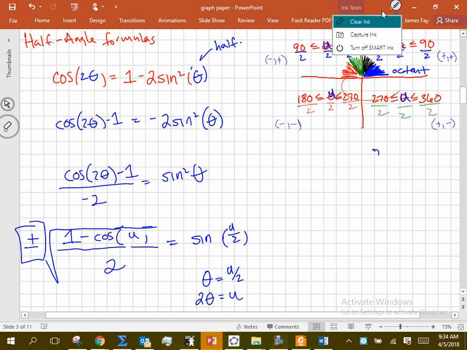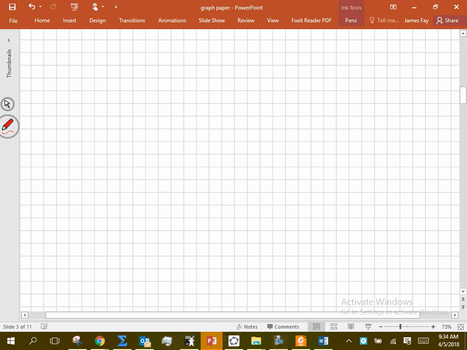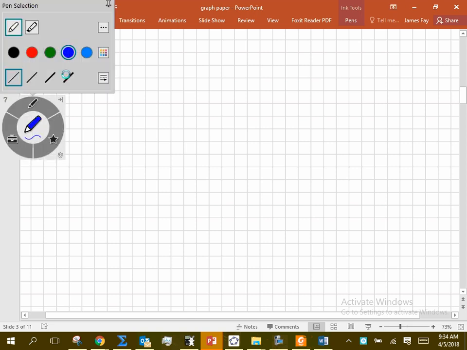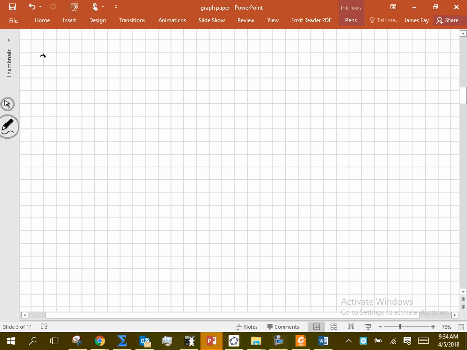If we want to look at our cosine's half angle, and I didn't do the proof for it, but it's almost identical, like I said.